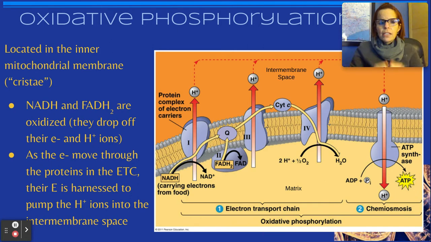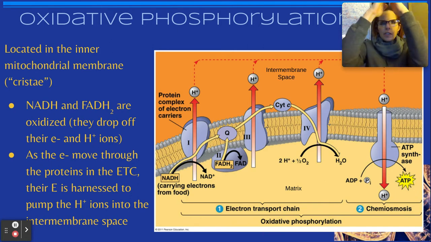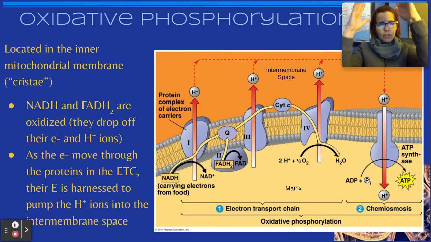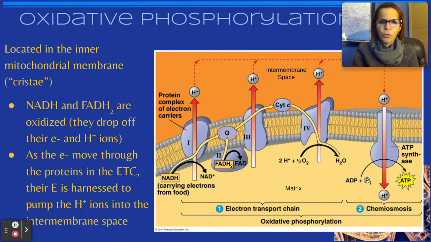Look at the diagram to see the hydrogens getting pushed through. The yellow arrows represent the movement of the electrons, moving from one protein to the next, and as they're moving, they're losing energy, and that energy is being used to pump the hydrogens across into what's called the intermembrane space.